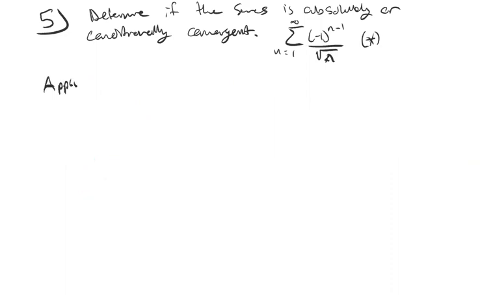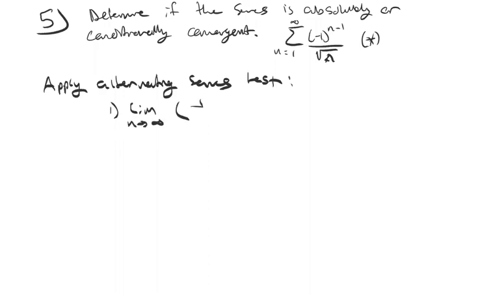Apply the alternating series test. It's going to be the same kind of deal. We need to verify two things. We need the limit as n approaches infinity of 1 over the square root of n to be 0, and it is. So easy check mark there.